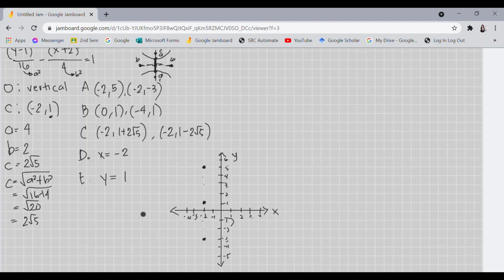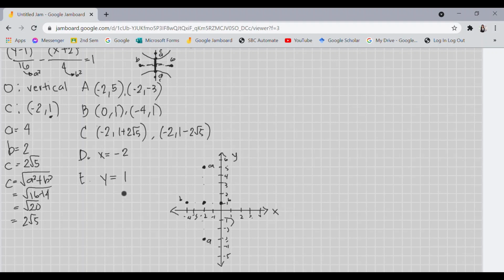And then, for your conjugate or dun sa covertices natin, endpoints ng conjugate axis, left and right side naman by 2 units lang. So, from this point, the center, okay, lagay mo pala natin A, we have 1, 2. So, we have 0, 1, and then we have 1, 2 on the left side, we have -4, 1 for our B. Okay?